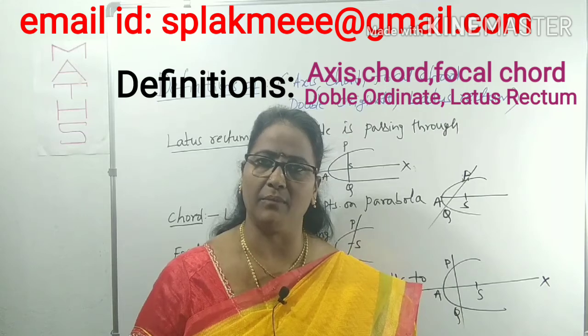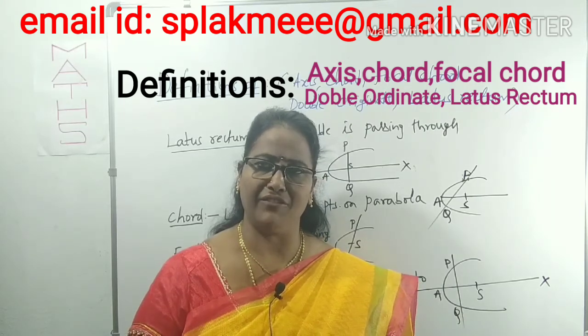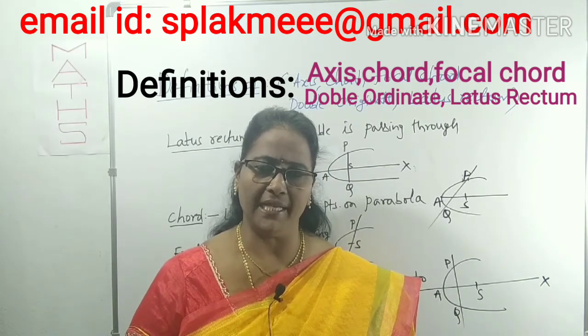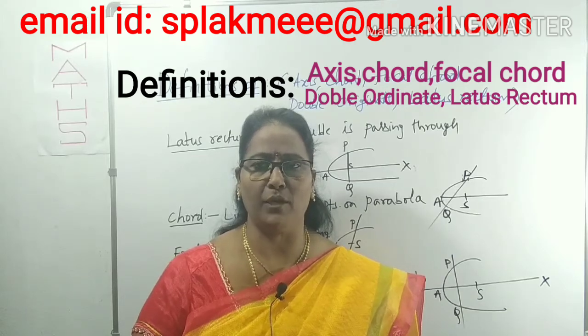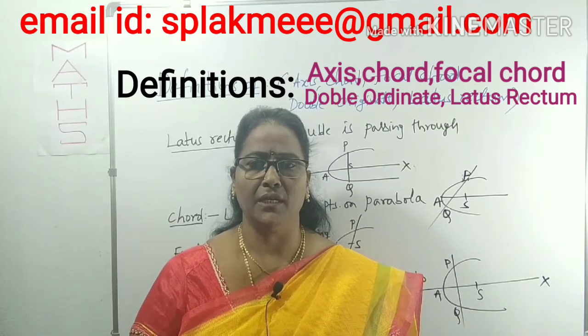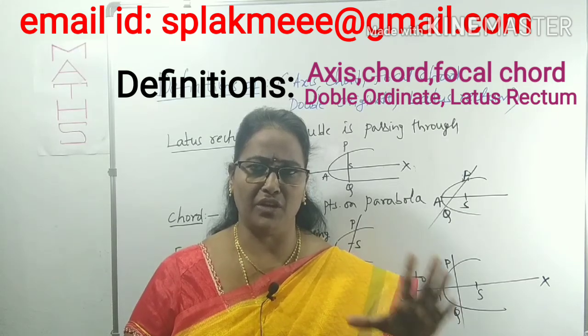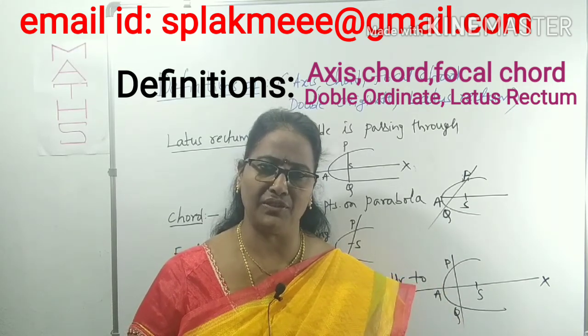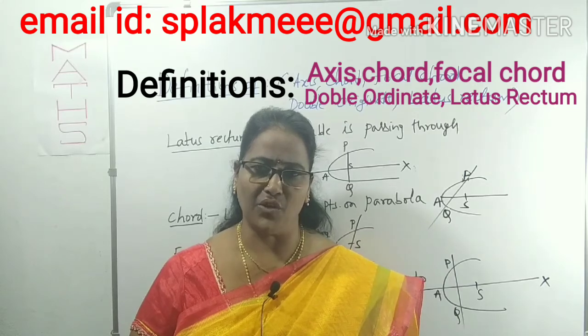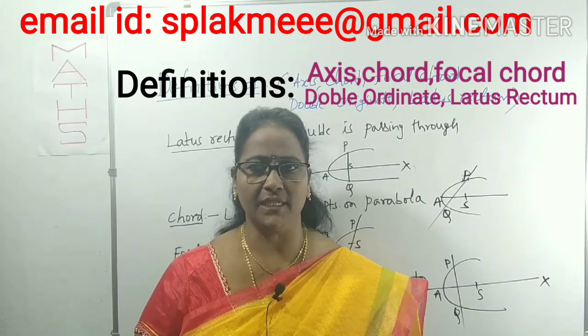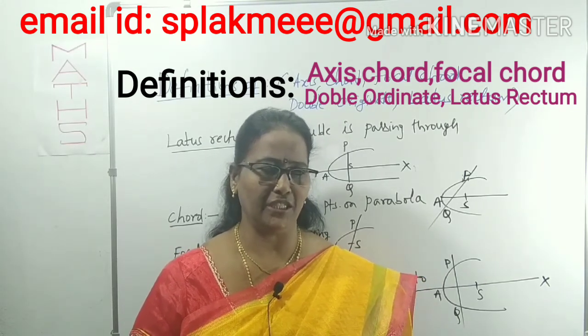I started the parabola part, in which I gave the definition of the parabola as well as derived the standard equation of the parabola, which is very important for your board examination. I gave a clear explanation of what you have to assume, what steps you have to take, what the standard equation is, and how you can derive it. Compulsorily you have to practice, then you can remember it easily.